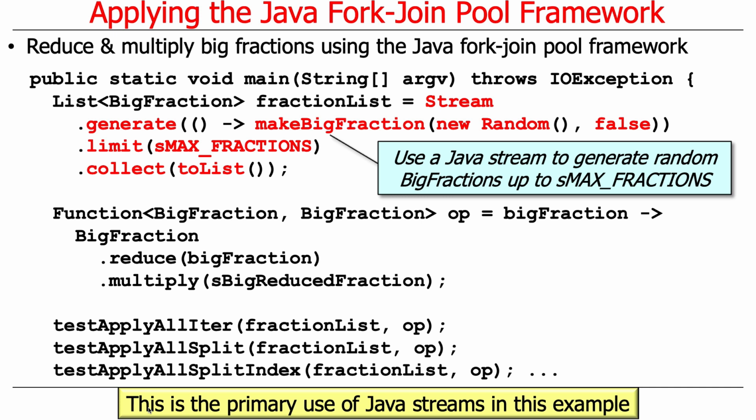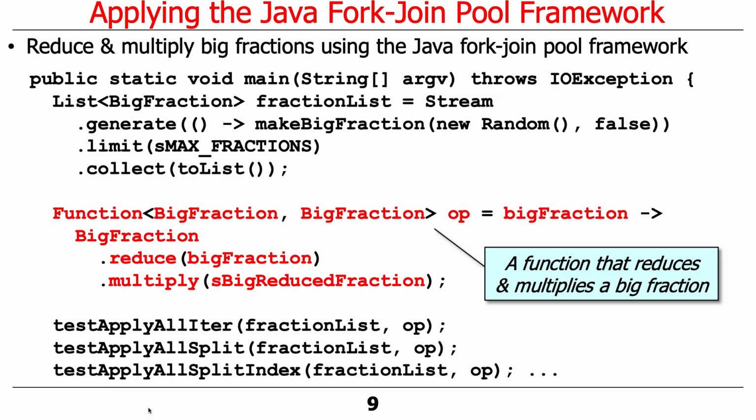The first thing we do is make big fractions. We generate a bunch of calls to make big fraction, giving random numbers that are not reduced up to this maximum, and we collect all these things into a list of big fractions. So we have a list of very large, randomly generated big fractions, and that maximum number is actually fairly large.